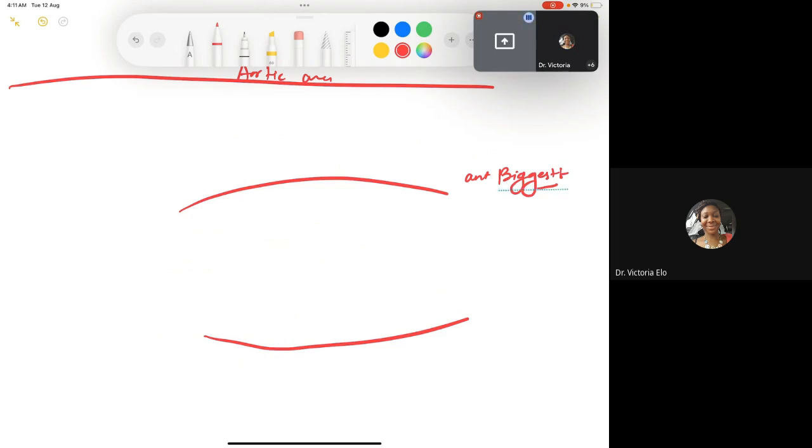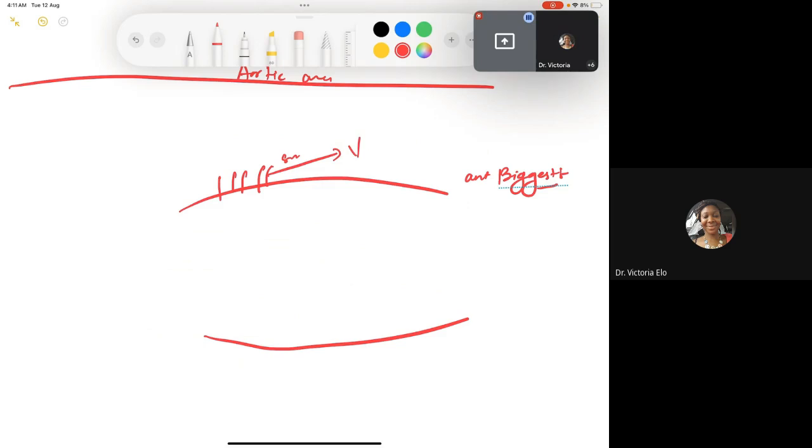So if it's so big, it means it needs some small blood vessels to feed nutrients and oxygen to this big artery, right? So what are these small blood vessels which are feeding this big blood vessel nutrients and oxygen?